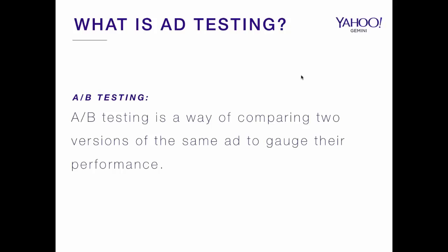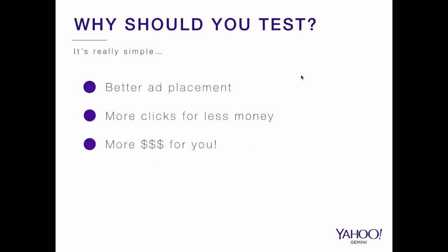A/B testing can also be ABC testing or ABCD. It's basically a way of taking a control ad and testing others against it. But a simple A/B is the best way to explain it, so we'll go with that, and we can take any questions on varying the number of ads toward the end.